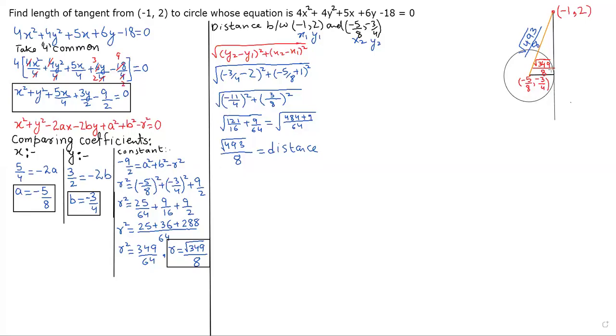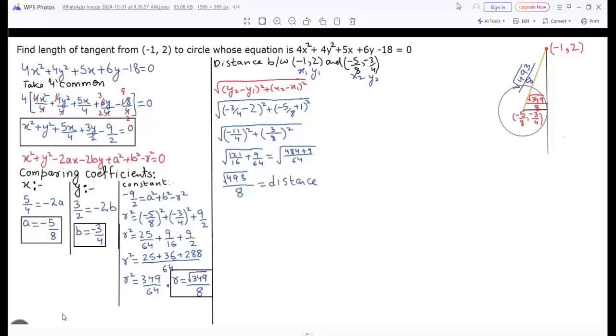I have to find this length, for which I am going to use the Pythagoras theorem. We have already found this length, and now I have to find this length over here.